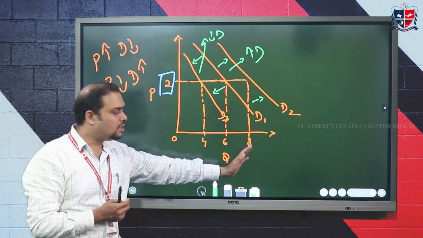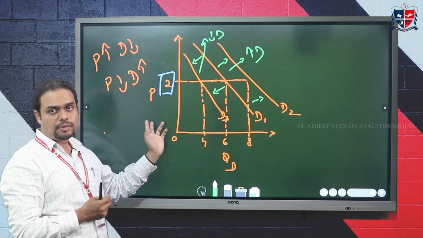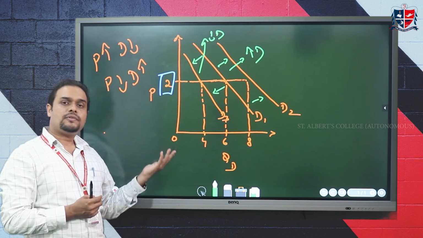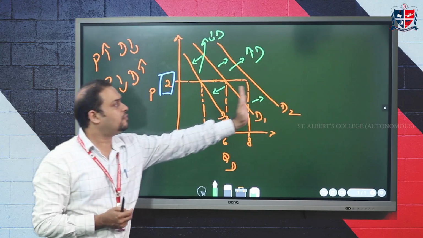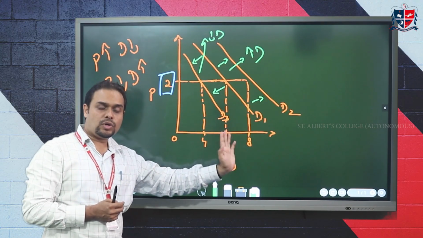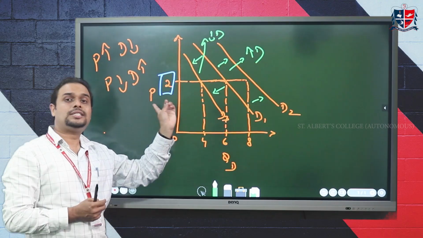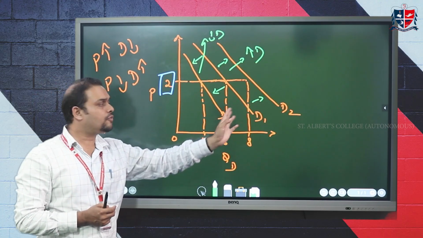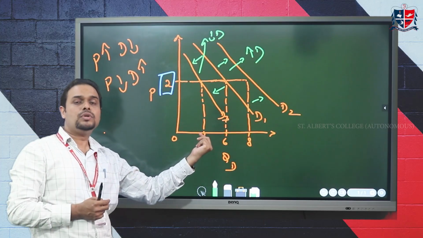So you might have an increase in demand due to factors other than price, and you might also have a decrease in demand due to factors other than price. In both cases, you will see a shift in the demand curve. For a shift to happen, the price should always be steady. In this case, the price is always 2. This is the shift in the demand curve from D1 to D2 and from D2 to D3.